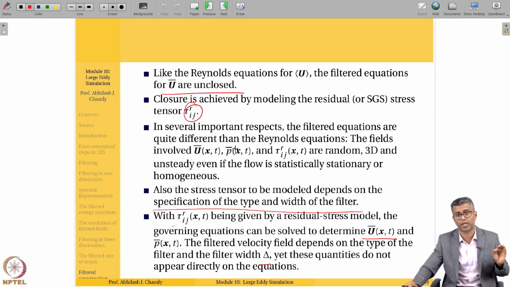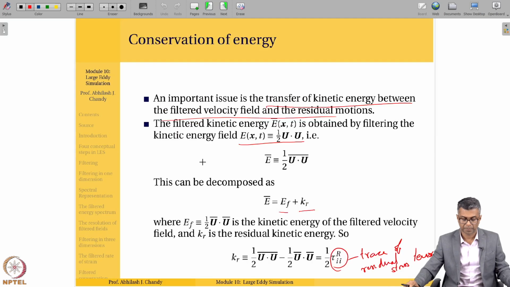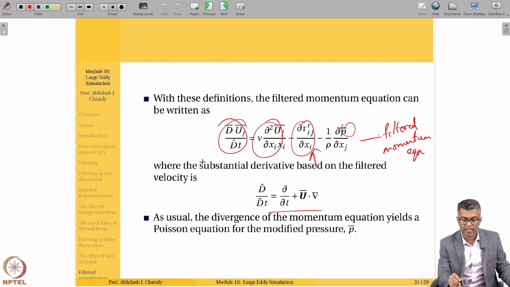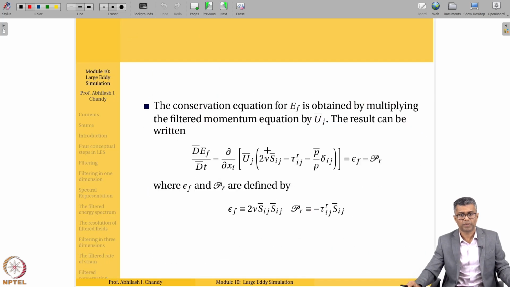I'm dot producting it with uj, and then what I get is d/dt of EF on the left hand side. In each of these terms I'm going to dot product with uj, or multiply it with uj, isn't it? So then what I get is, I'll bring in the viscous term here.